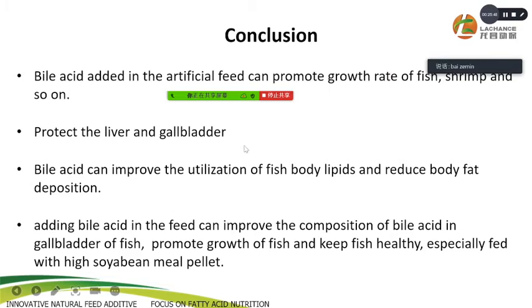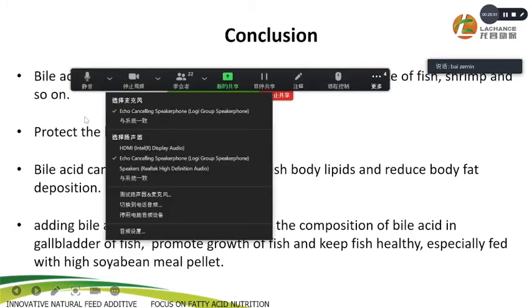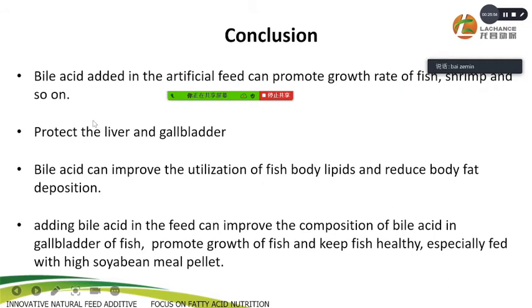And let me do a short conclusion. Bioacid added in the artificial feed can promote the growth rate of fish, shrimp, and even crab. Of course, definitely it will protect the liver and the gallbladder of fish. Bioacid can improve the utilization of lipid in the fish body or in the feed, and reduce body fat deposition, and we have trials on this part.